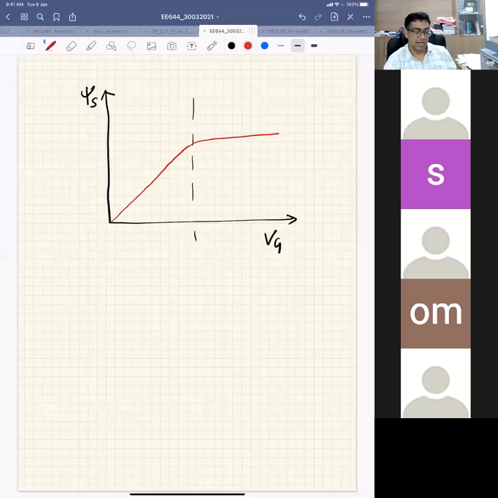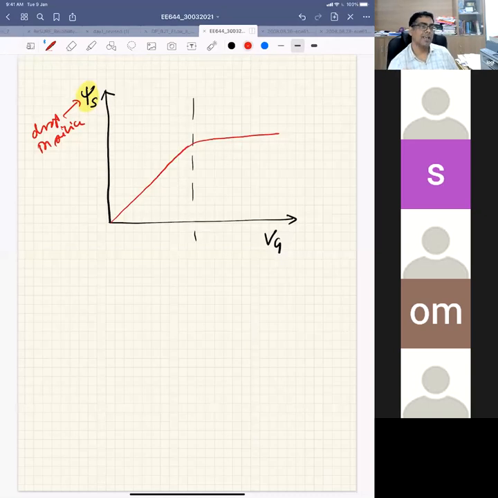This is how the drop in the silicon behaves. This surface potential is nothing but your drop in silicon with V_g. It increases, then after inversion it saturates. So the moment your transistor inverts, most of the voltage drops across the oxide.